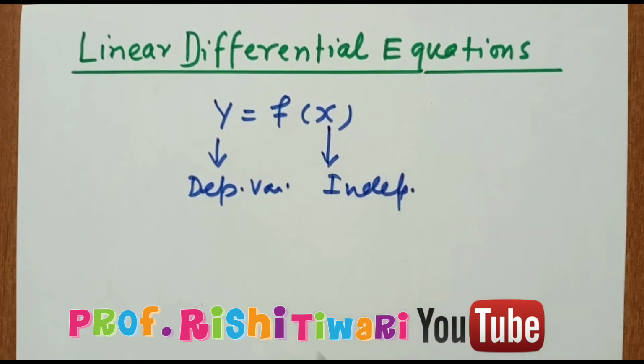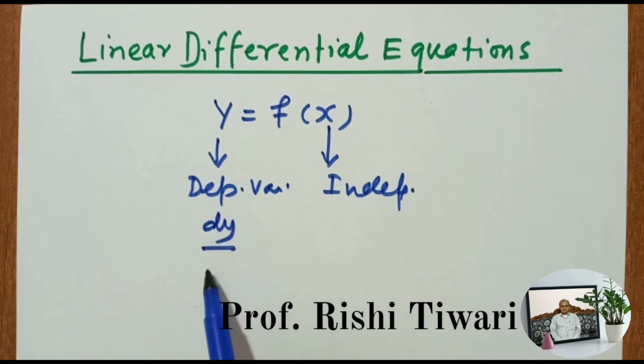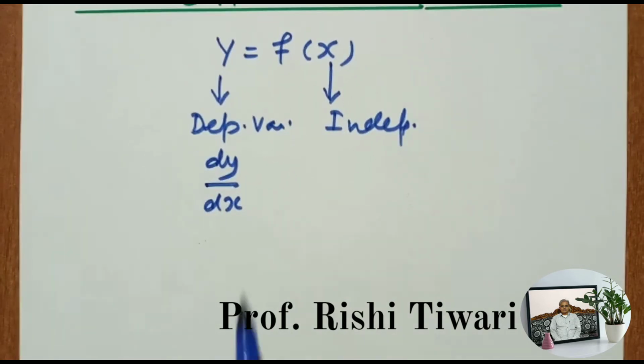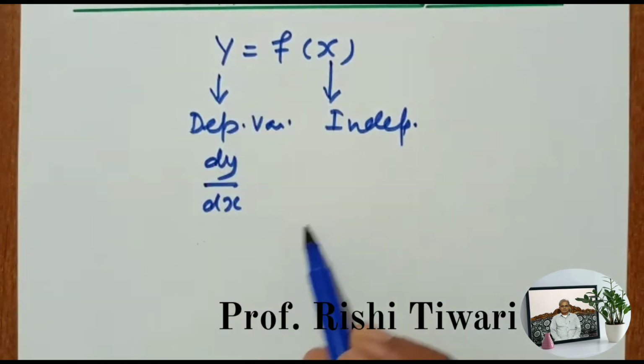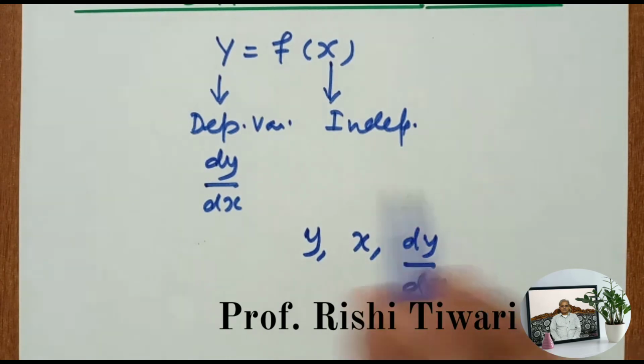Also you know dy by dx, which means the derivative of y with respect to x. A relation between the dependent variable, the independent variable and its derivative is called a differential equation.